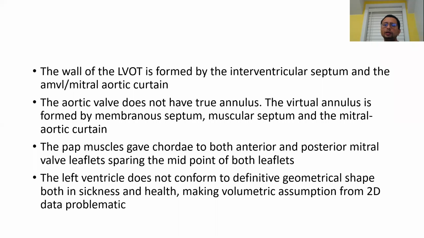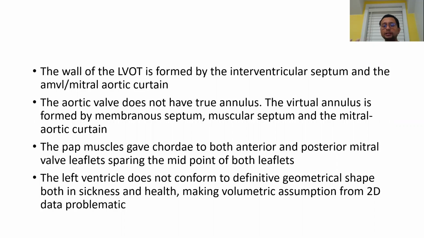Now, the problem with getting an ejection fraction from 2D is that you have to make a geometrical assumption. You have to assume that the left ventricle is in a certain geometrical shape. For example, when you do M-mode, you are assuming that the left ventricle is shaped like a prolate ellipsoid, which is why you can have a formula.